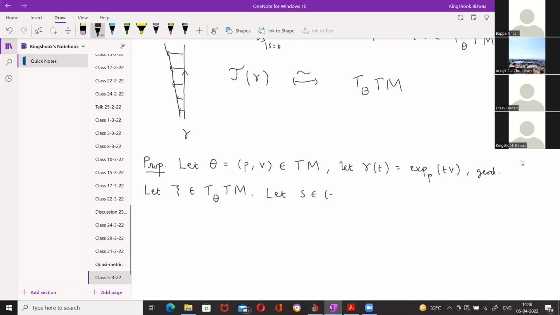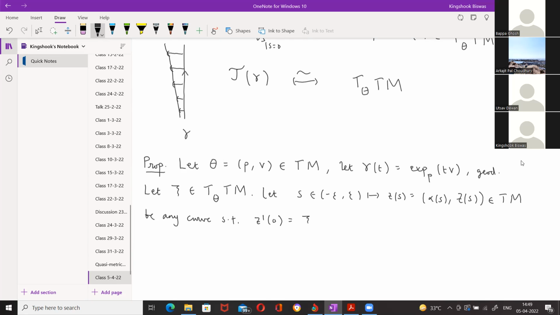And let s in minus epsilon, epsilon map to Zs equal to alpha s, capital Zs in Tm, be any curve such that Z prime 0 is equal to xi.